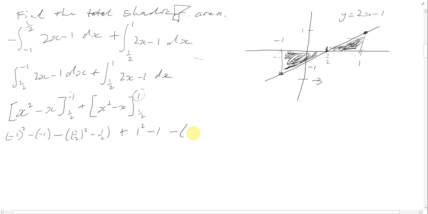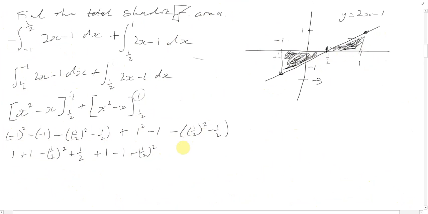Take away, with a half now, half squared minus a half. Okay, so like before, I'm going to get rid of all my brackets as I go through. So minus 1 squared becomes 1, minus a negative 1 becomes a plus 1. Now here I've got minus to everything in here, so it's a minus half squared. Minus and a minus is a plus a half. Now plus 1 minus 1 minus a half squared.